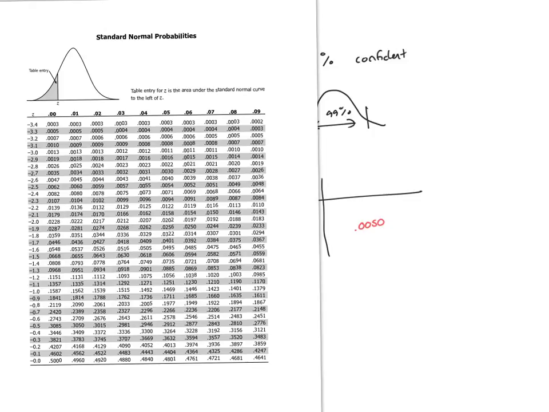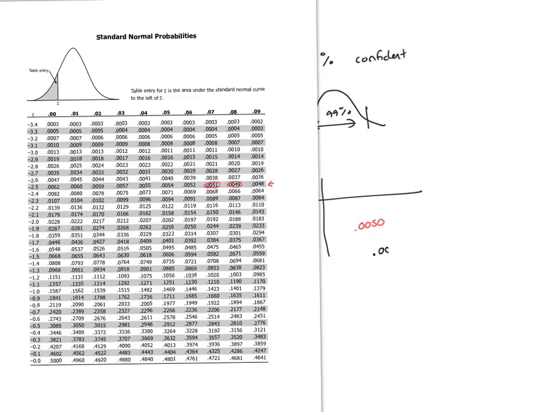Looking for 0.0050 on here, I notice as I scroll down that I'm getting pretty close right in this row right here. So tracing it across, I see two values. I see this 0.0051 and this 0.0049. I need to figure out which one is closer, and in order to do that, I take my actual and subtract it from it.